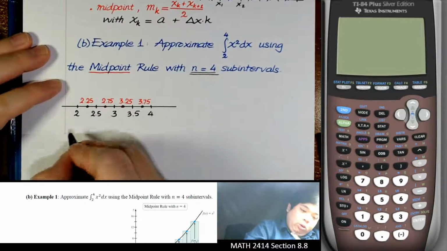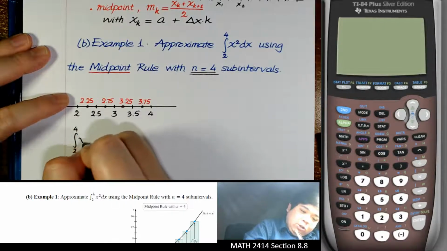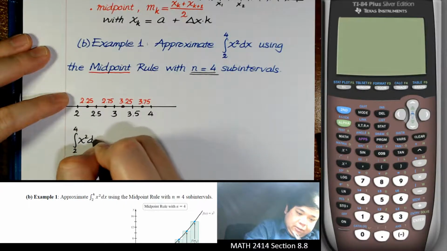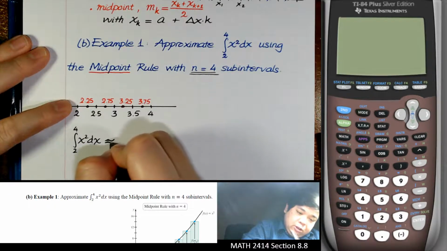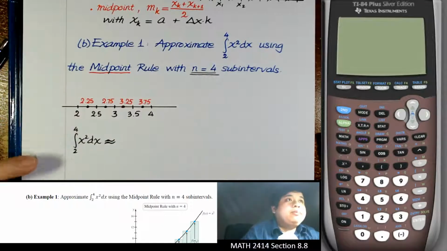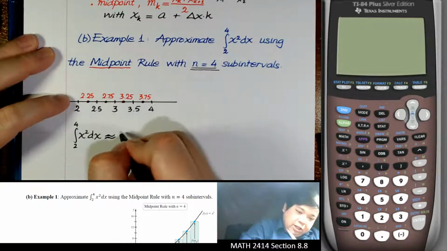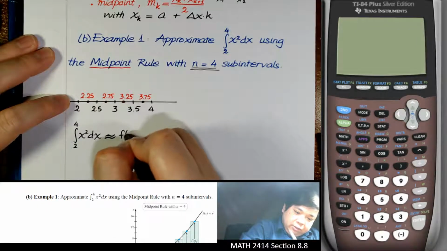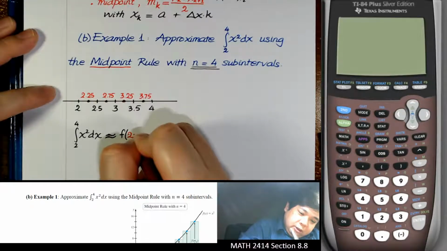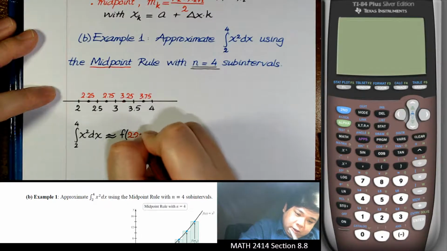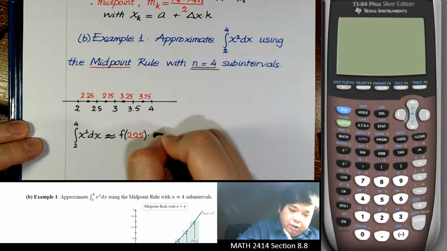So we will write the integral from 2 to 4 of x squared dx is approximately equal to just the height times the width. So the values of the function at the midpoint times the width.